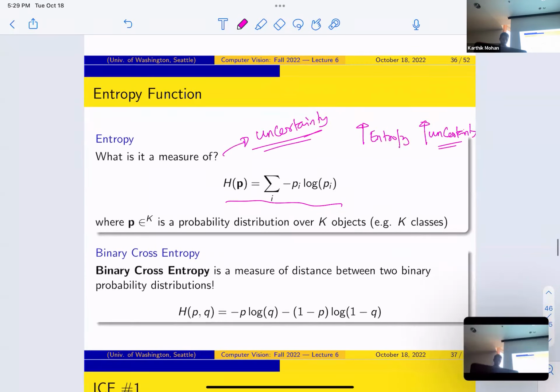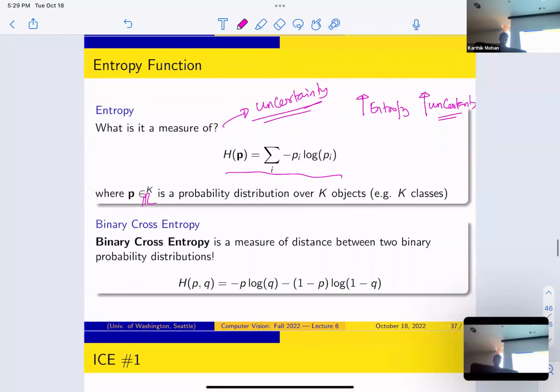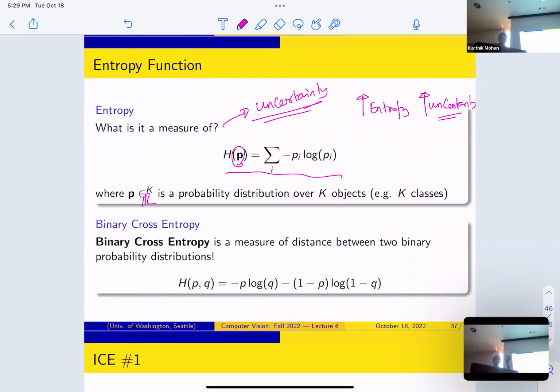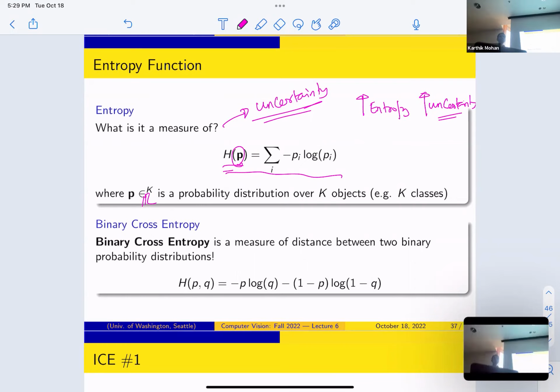Okay. So that's just entropy. The definition of entropy: you take a probability distribution, and you sum over each probability element of negative pi log pi. So is this positive or negative? How many think it's negative? How many think it's positive?